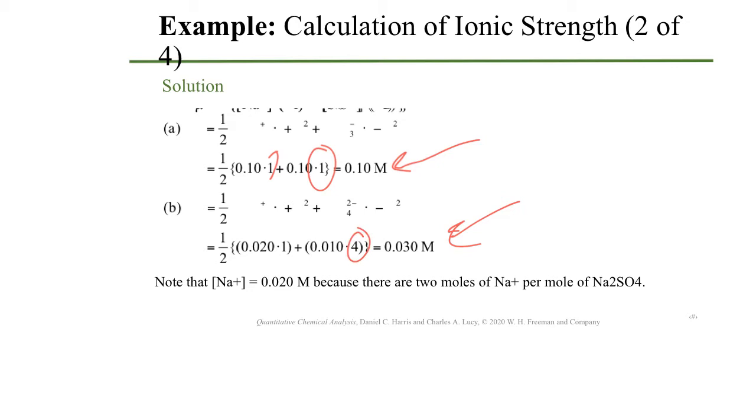And then the squaring of 1 continues as 1, but note this: you have to look at the stoichiometry and be sure of it, because there are 2 moles of Na+ in every mole of Na2SO4. So you've got to get the concentrations right, and then you've got to square the charges.